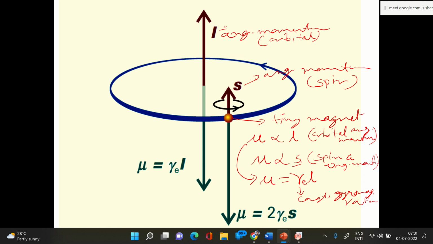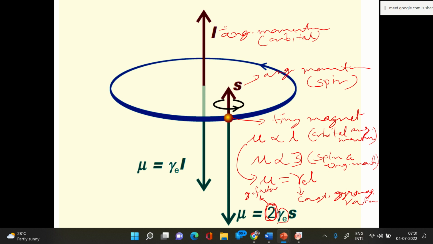In a similar way, you can also get the magnetic moment due to spin. But in this case, we have an additional factor. In addition to the gyromagnetic ratio, the proportionality constant, we also have a number appearing in the two. That is the G factor, because it takes into account the relativistic phenomena that can happen with the spin.